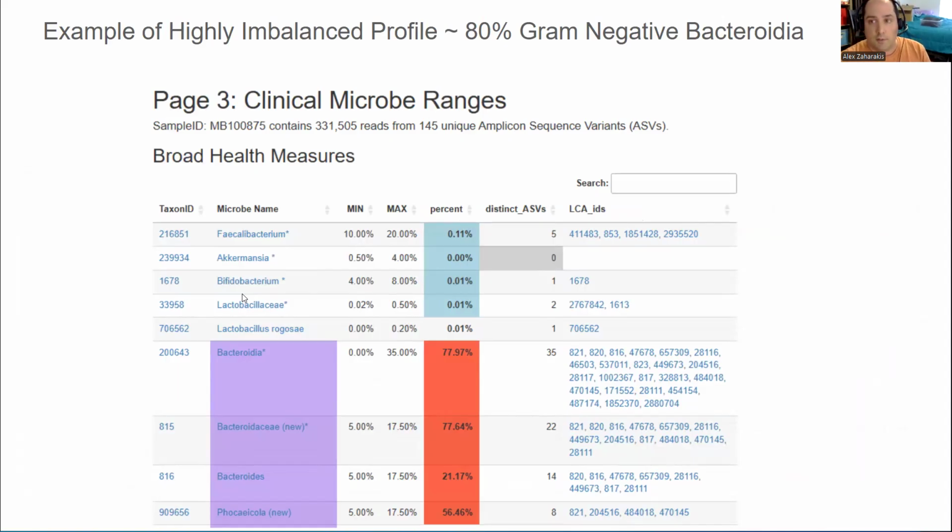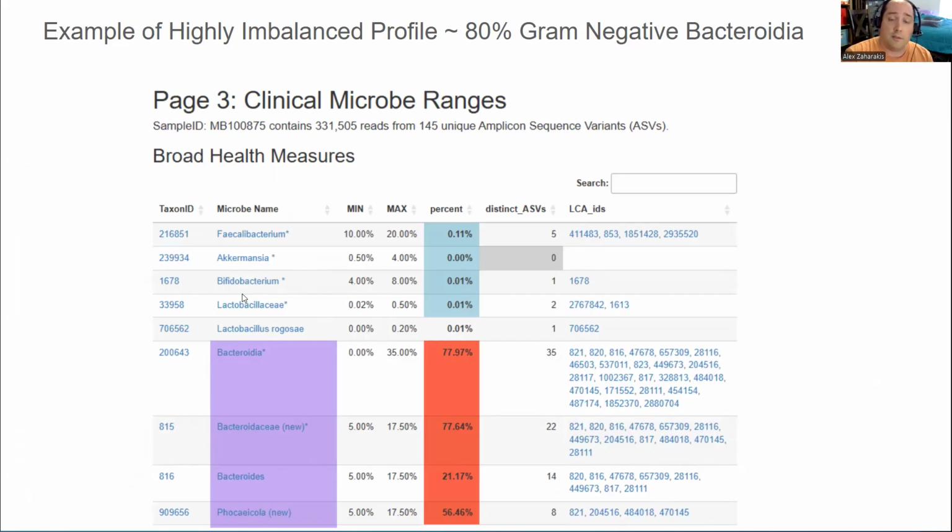This is a situation, as an example, where an individual has almost 80% of their microbiome being taken up by gram-negative Bacteroideia. So Bacteroideia is a higher level. Historically, I think people were looking at things like Bacteroides, which is a genus.